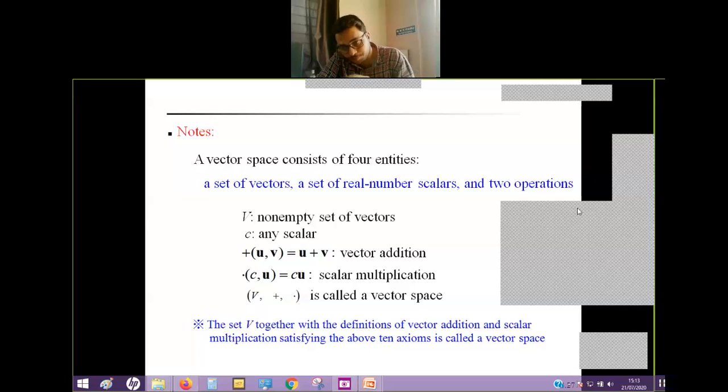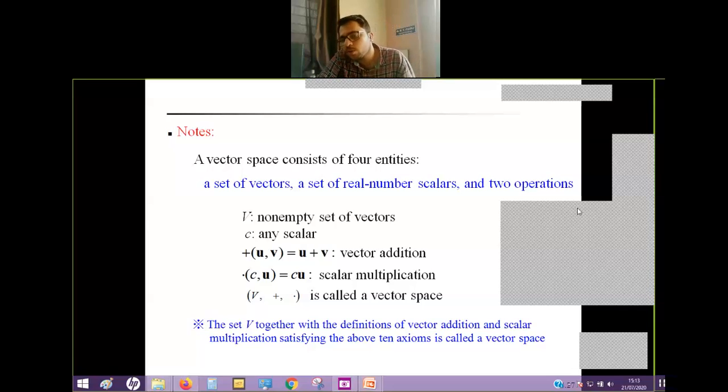So in exams, if the examiner is asking you to state whether the given space is a vector space or not, you have to just check for three important axioms. First one is u plus v should be in capital V. Second one is c into u should be in capital V, and the third one is there should always be a zero vector present in your vector space, and that zero vector is given by the additive identity.